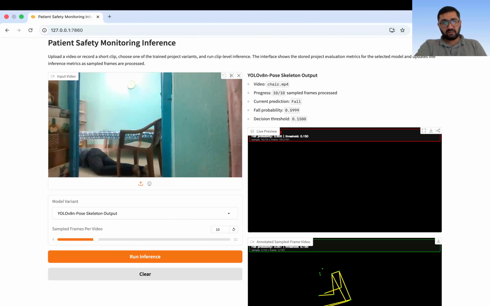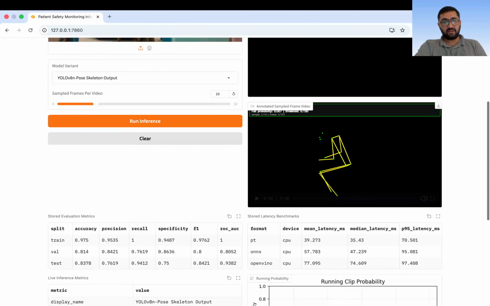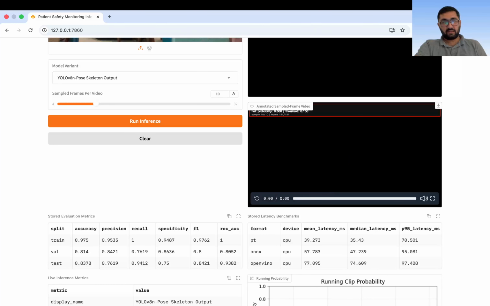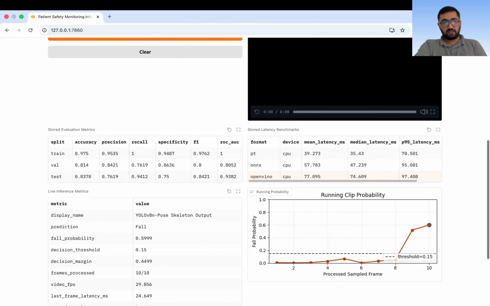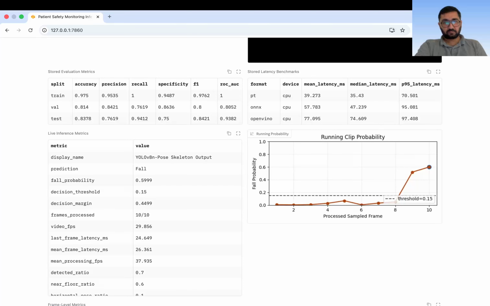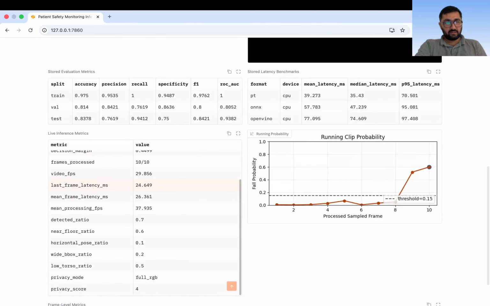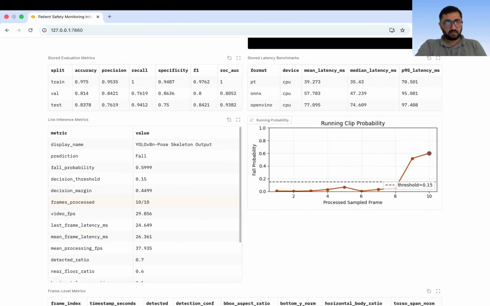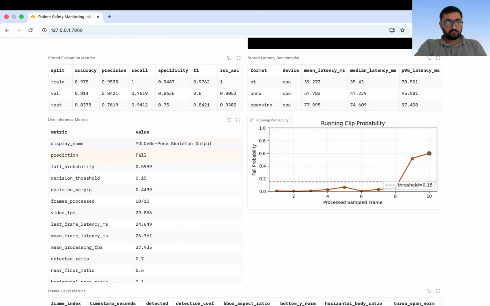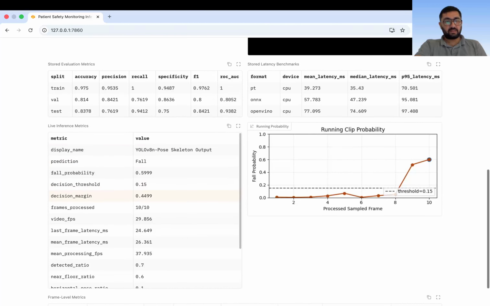Here you can see the fall probability 0.59. This is the sample video, and you can see from here the graph rises, and the model used is version 8 pose.